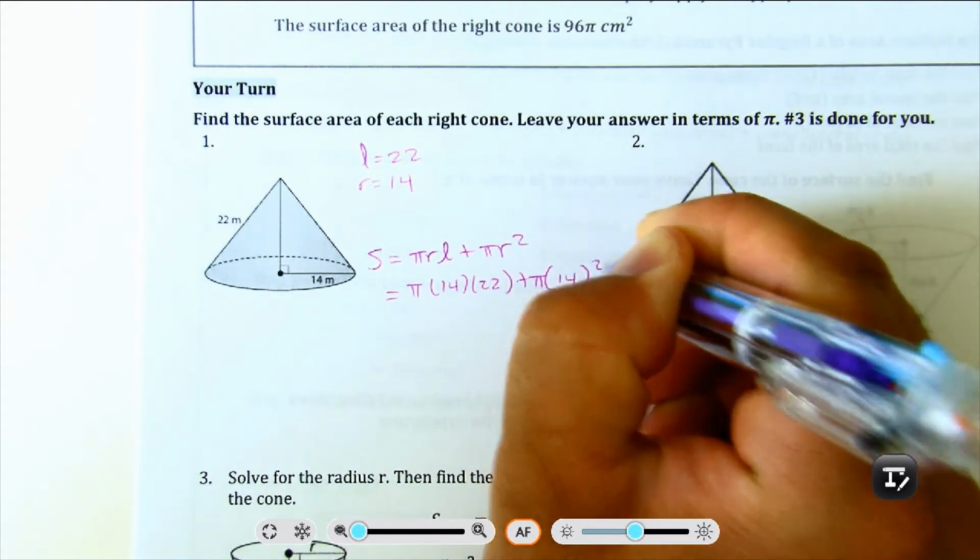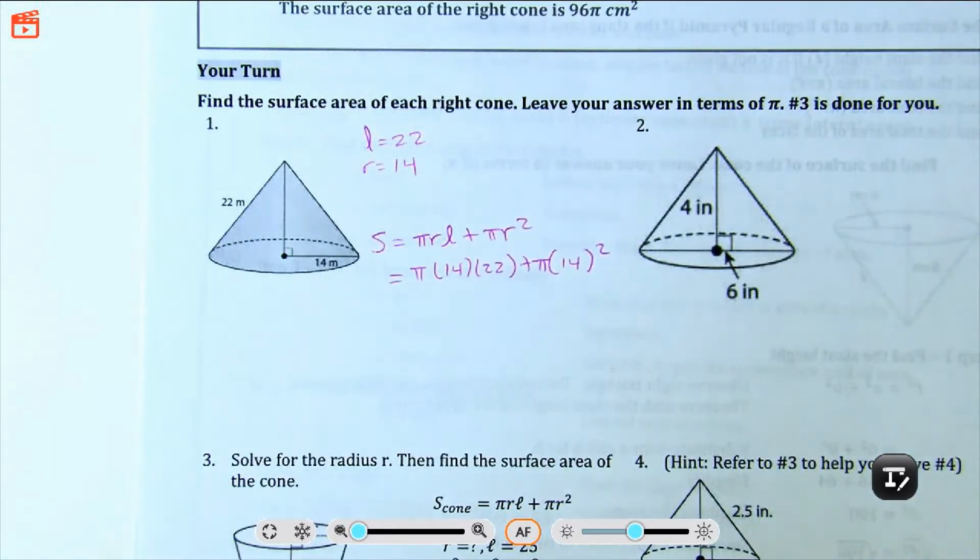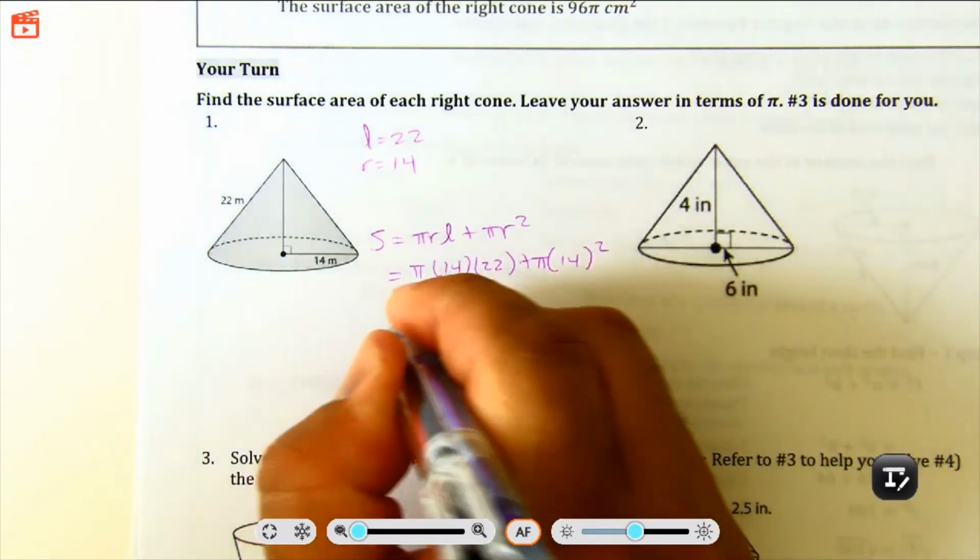We're going to leave this in terms of pi, so we don't need to worry about multiplying pi. So 14 times 22 plus 14 squared gives us 504 pi. And that is what the surface area is for that one.